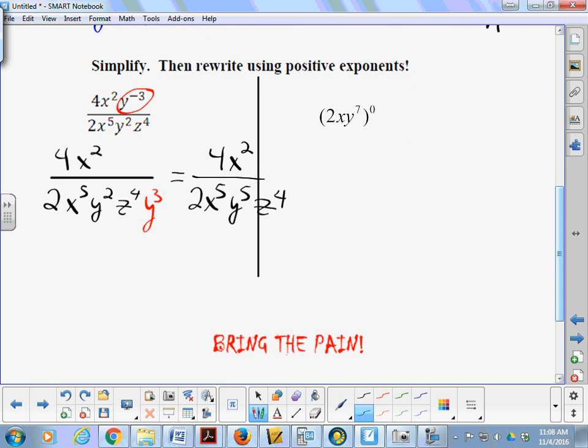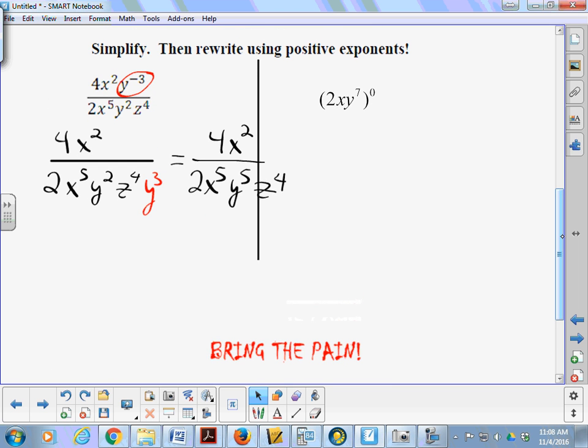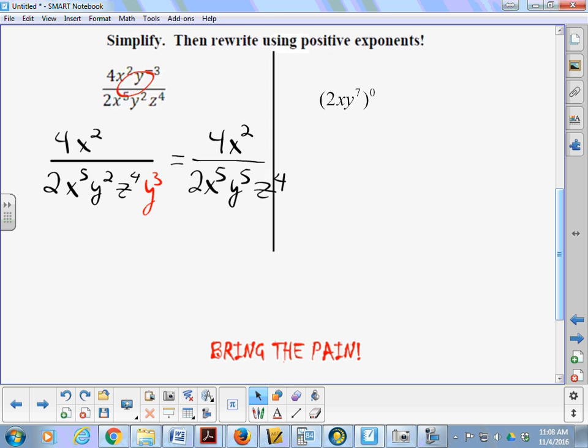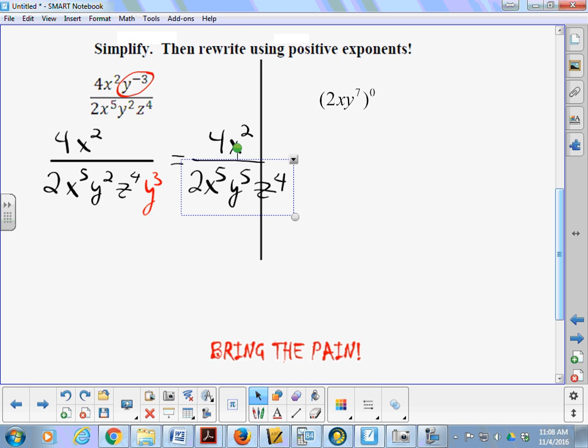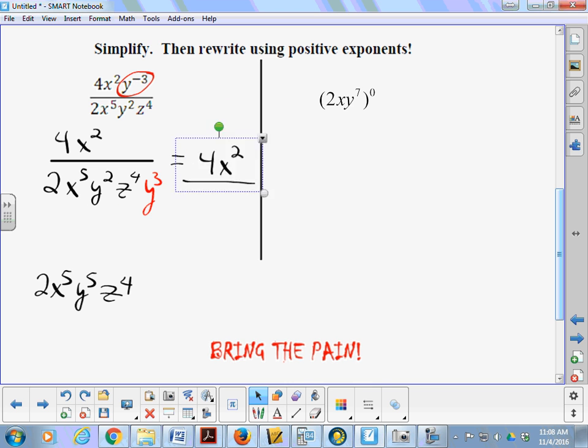So we put those y's together to help us out. All right, so the next thing then is we are going to simplify this whole fraction. Well, I'm having issues here. All right, let's get it back where it was. All right, let's pull this down here, move this. All right, make it a little bit easier for us.